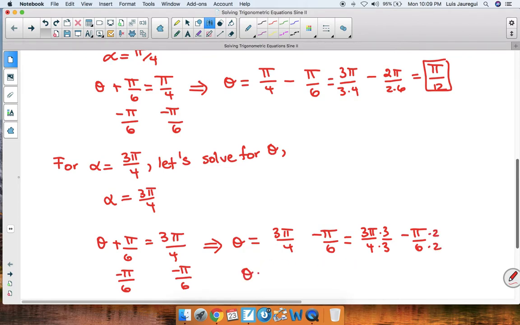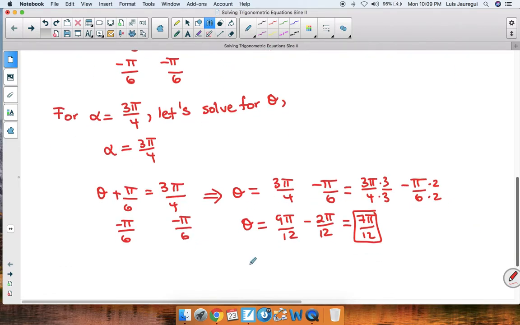So theta is equal to 9 pi over 12 minus 2 pi over 12. Subtracting, since we have the same denominator of 12, 9 pi minus 2 pi becomes 7 pi over 12. So that's our second value for theta.